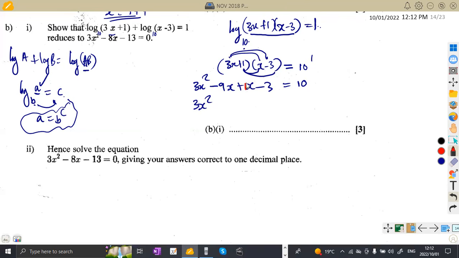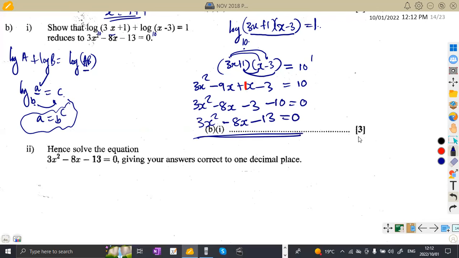This is minus 9x plus x. So it's going to give us negative 8x. Minus 3, transpose the 10 to that side is negative 10, which is equal to 0. So at the end, we are going to have 3x squared minus 8x minus 3 minus 10, that's minus 13, is equal to 0. So we have shown our equation, and that's 3 marks just to apply this. We have got 3 marks.